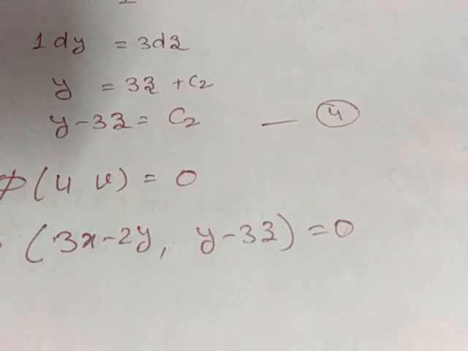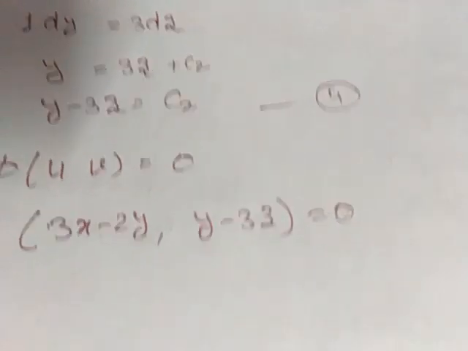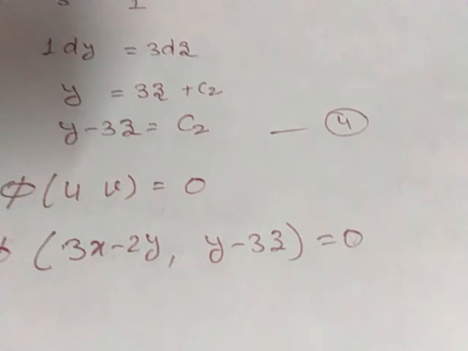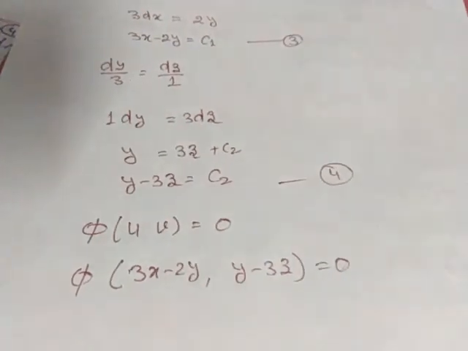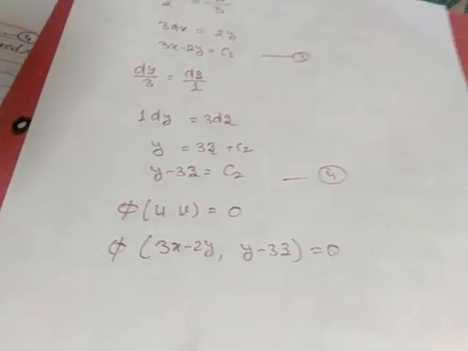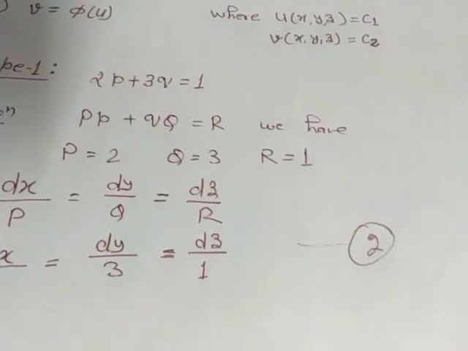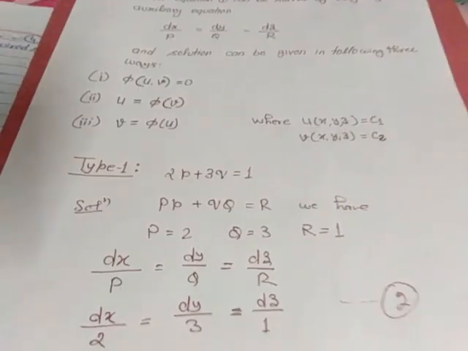Here we see that this is a simple question, a type 1 question, which can easily be solved by Lagrange's method, because the values of P, Q and R were so simple and there was a simple integration which provides the solution of the given partial differential equation 1.